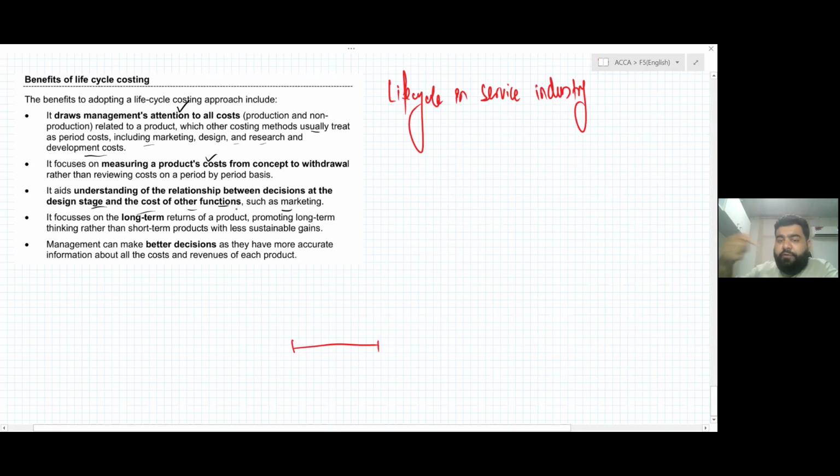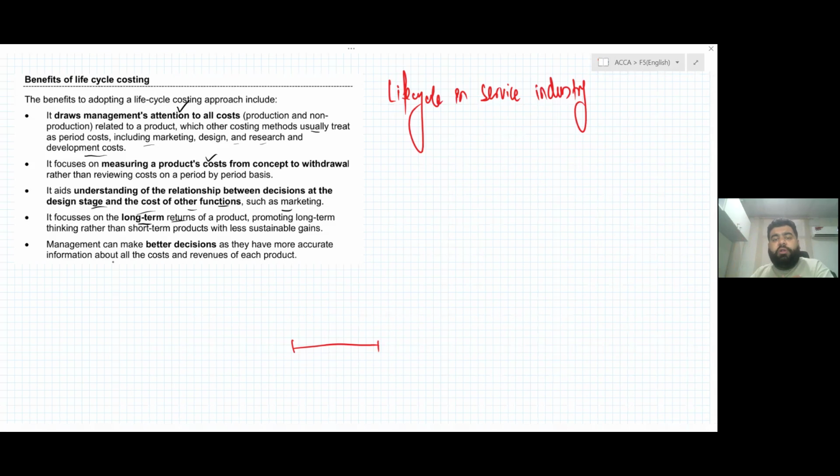In advance you know the average cost throughout the life, so you can decide whether to continue with the product or not. Okay, it focuses on the long term returns of the product. Again, in yearly accounting, you will see only the year, that in this year we earn more and incur less cost, so we can gain the profit, obviously.